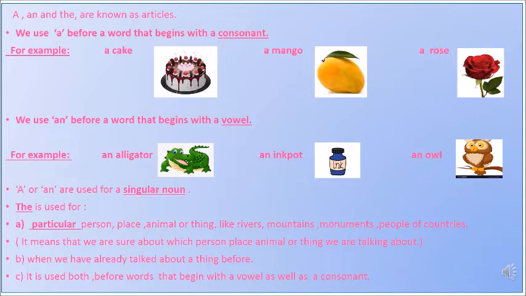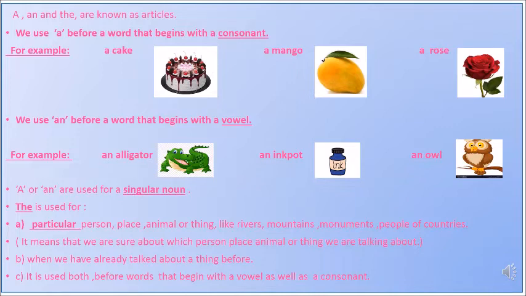The first letter of this word is M, and it is a consonant. So again we will write a mango. Rose. R-O-S-E. What is the first letter? R, or in phonic sound it is R, and R is a consonant. Here also we will write a rose.